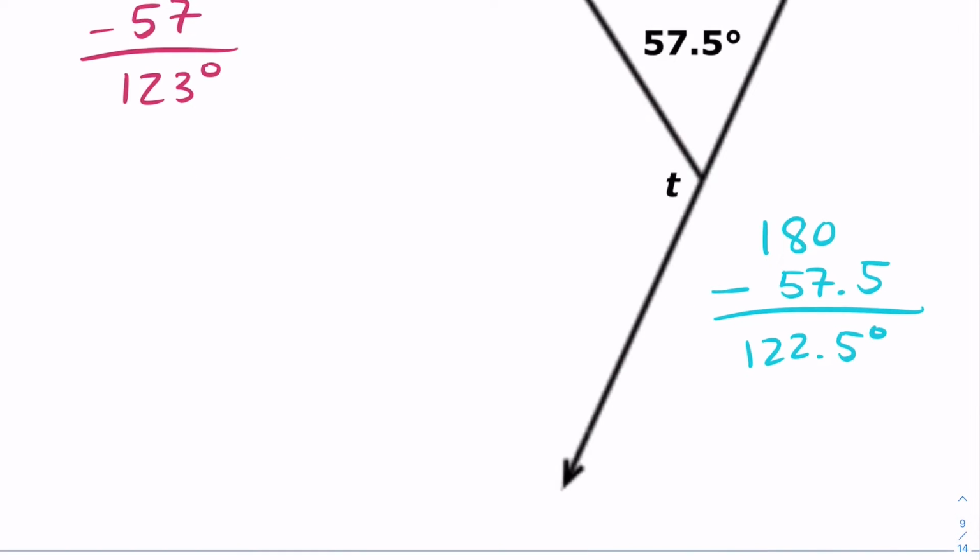All right, and that was it. It looks like I'm missing a box for this, so I will just put it in a box, and that will be the answer.